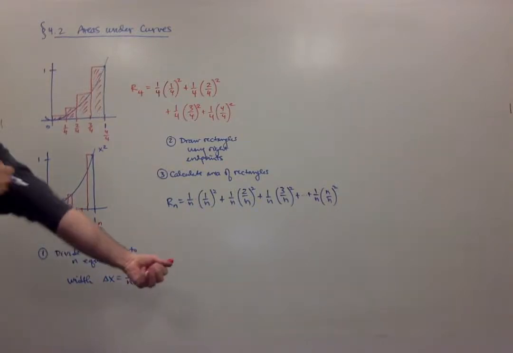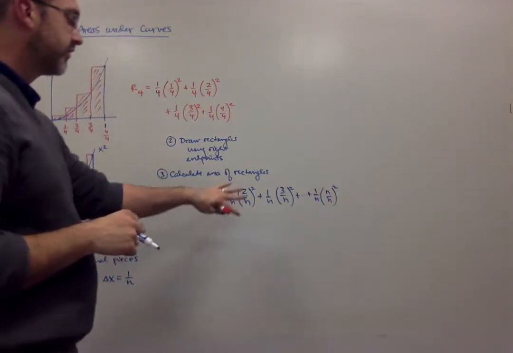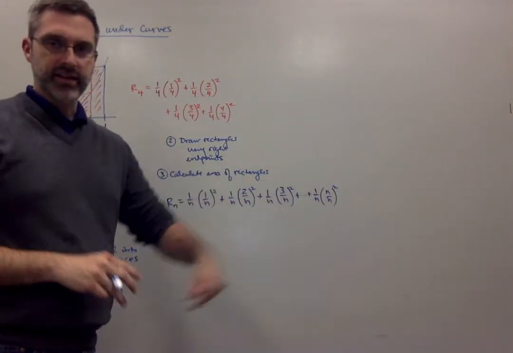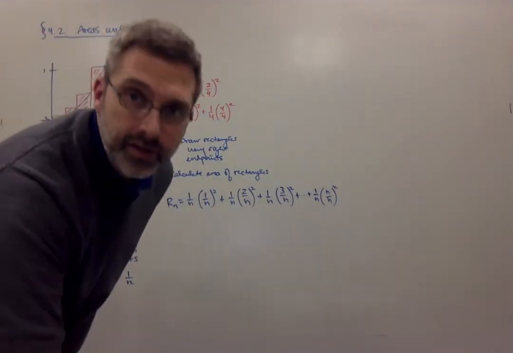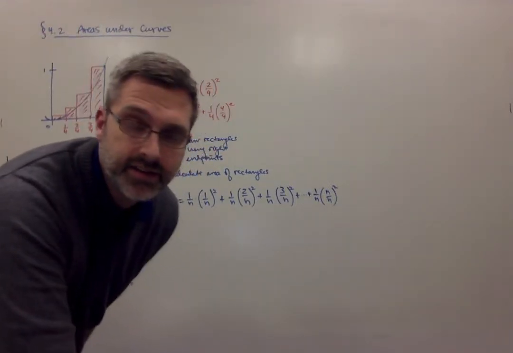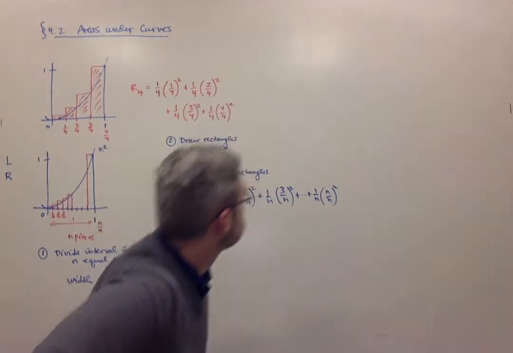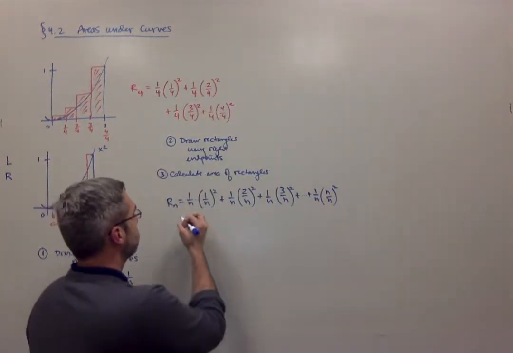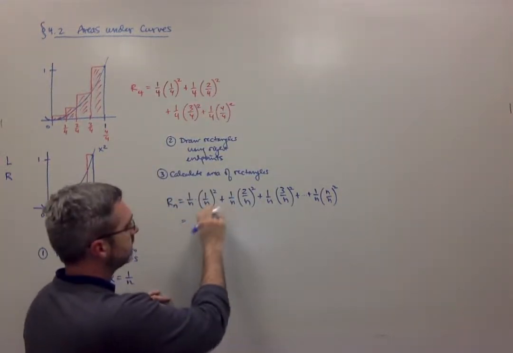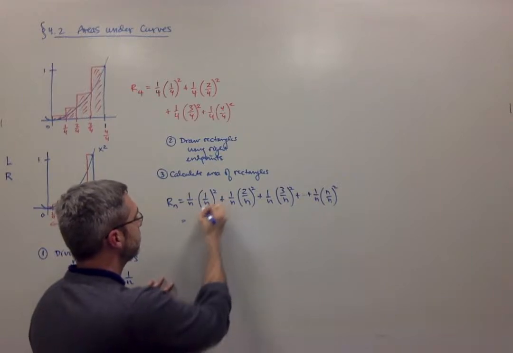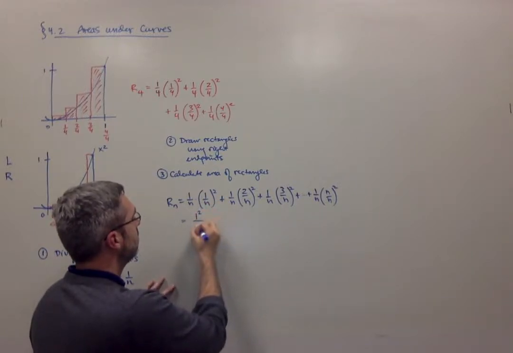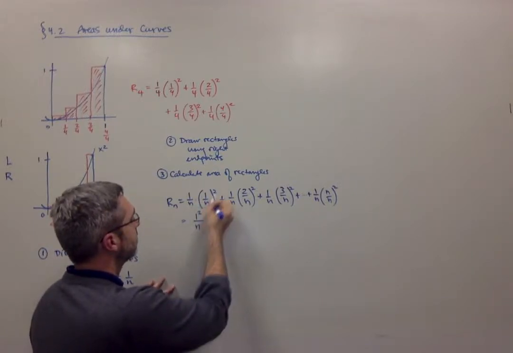Now, what I need to do is calculate the area of these rectangles. I'm going to try to simplify this using some of my sigma notation ideas that we talked about last time, okay? So first of all, let's clean this up a little bit. This is 1 squared over n times n squared, which is n cubed.